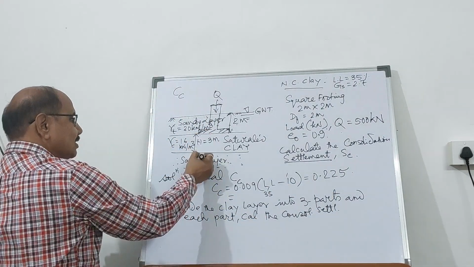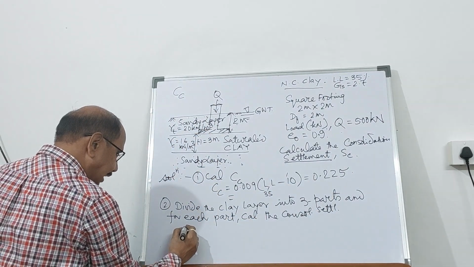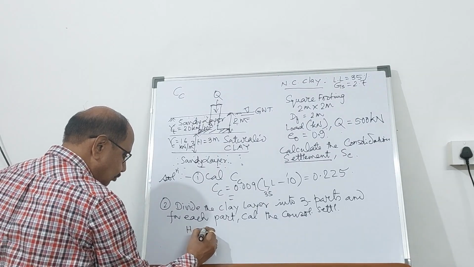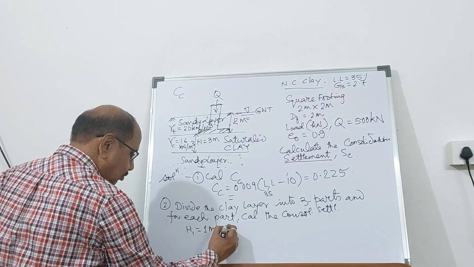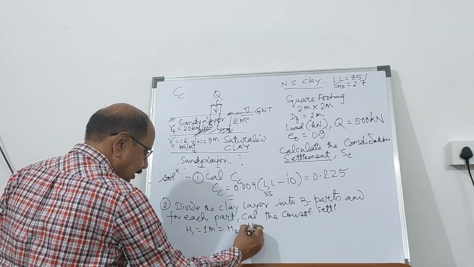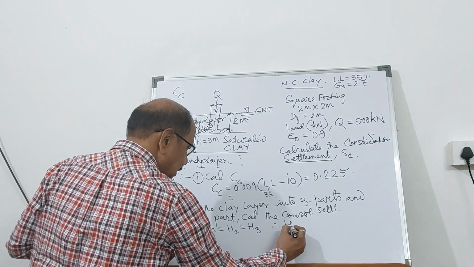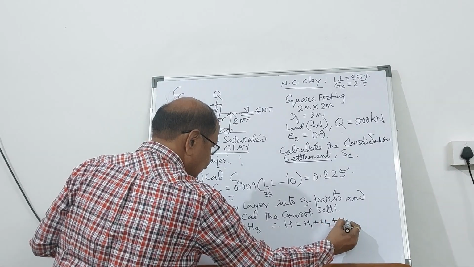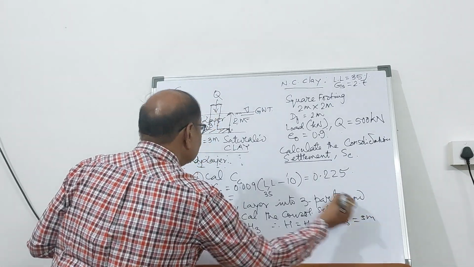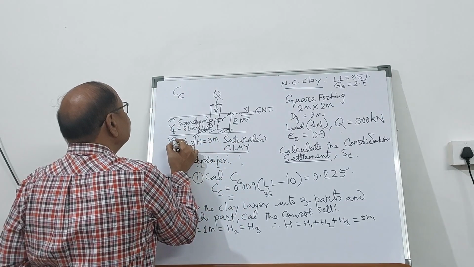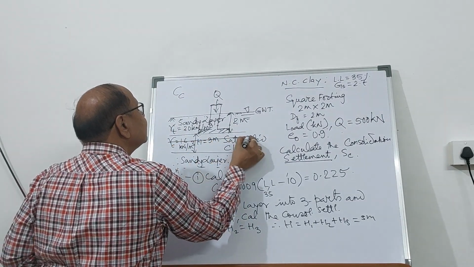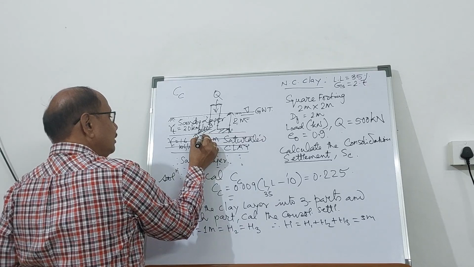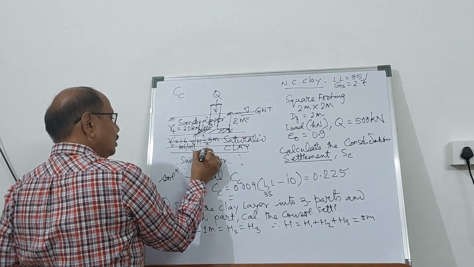So if I divide this total height H of 3 meter into 3 parts, so I get H1 equal to 1 meter equal to H2 equal to H3. Therefore, H equal to H1 plus H2 plus H3 equal to 3 meter. So if you divide it in 3 layers, you have got the first layer, there is the second layer, and there is the third layer. So layer 1, layer 2, and layer 3.